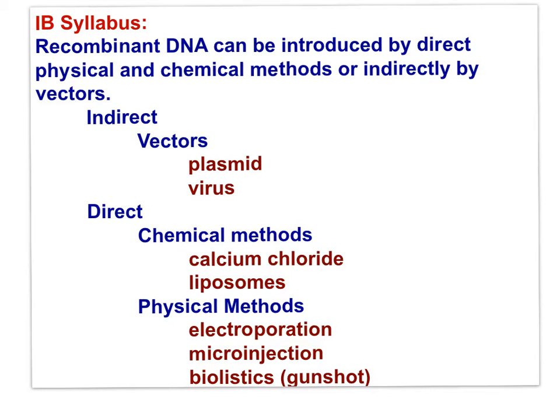Now, there are direct methods of introducing recombinant DNA to new host cells. Chemical methods include calcium chloride treatment or liposomes. Physical methods include electroporation, microinjection, and biolistics, the gunshot method.